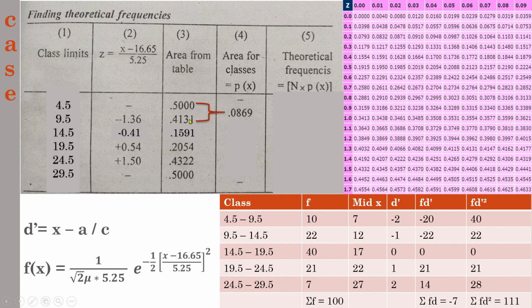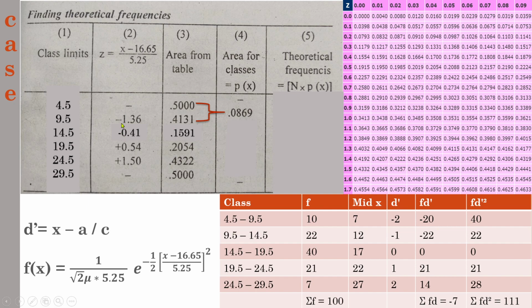Next, you need to find the difference between these 2 points, that is 0.4131 and 0.1591, whether you have to add or subtract. That also depends upon the sign from which these values have been found. 0.4131 is obtained from the value minus 1.36. 0.1591 is obtained from the value minus 0.41.